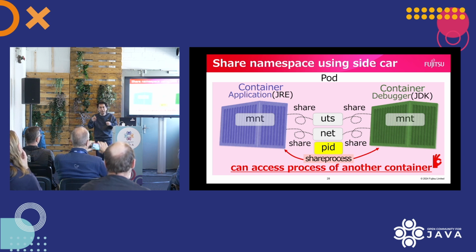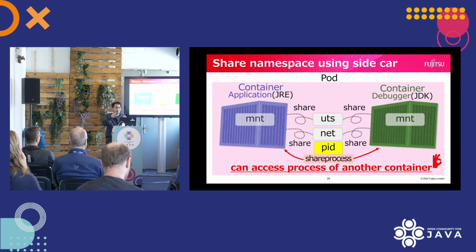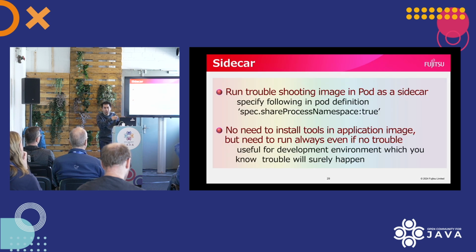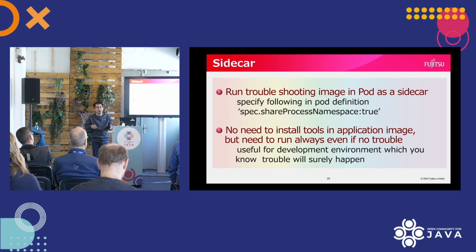So you can use any troubleshooting tool in the debugger container on the application container. It looks good, but the problem is you must always invoke the sidecar when deploying a pod. So it wastes computational resources. And security is also bad because the debugger container is usually a large size image.